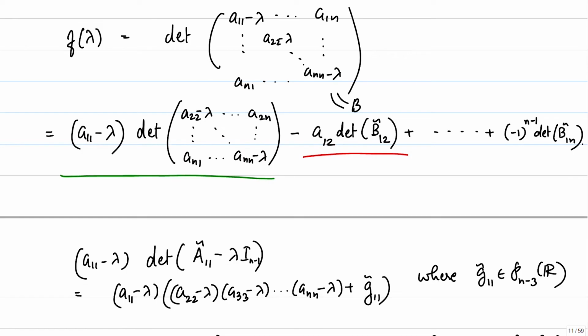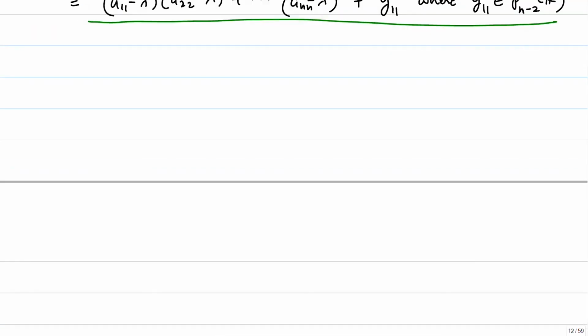Now if you notice carefully, what is this? This is A12 times the determinant of B12 tilde. What is B12 tilde? It is the matrix obtained by removing the first row and the second column.